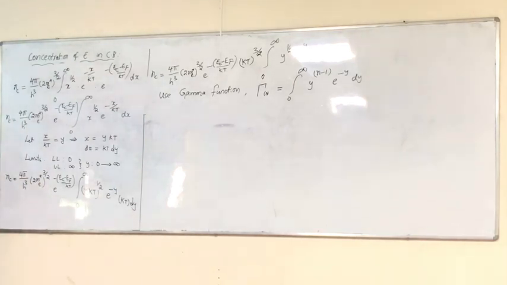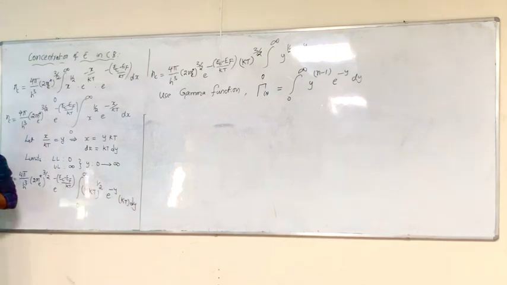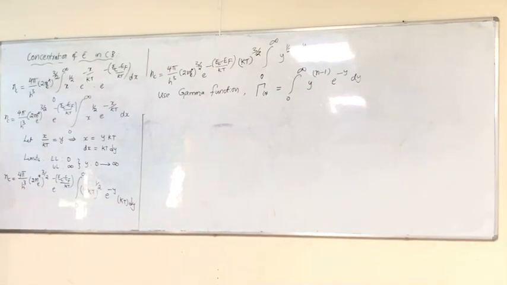It is n or n plus 1. Y to the power 1 by 2, if you want to get, it should be 3 by 2 minus 1.